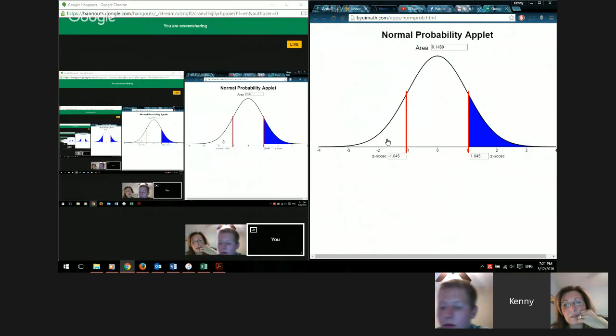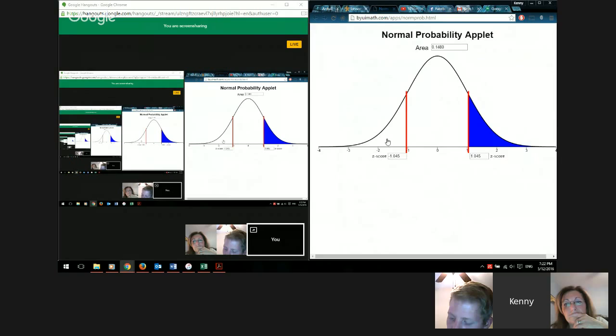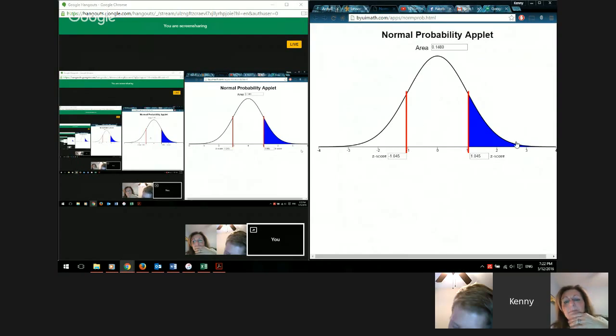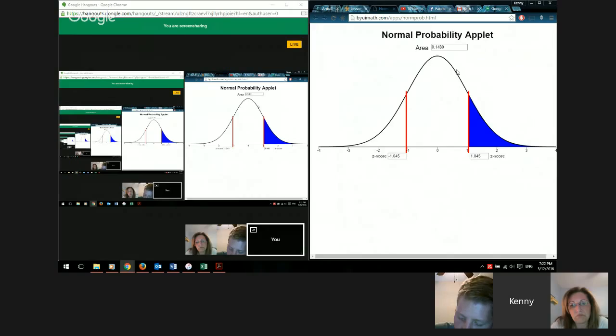And then take off the shading to the left. This part. Oh, okay. Because it's above 160, and that's what that z-score is for. Gotcha. It's 0.1480, right? Yeah, but we only put 0.148. Okay. Sweet.